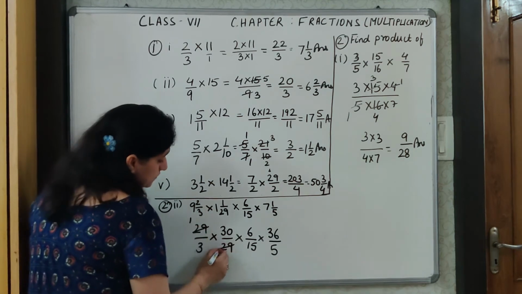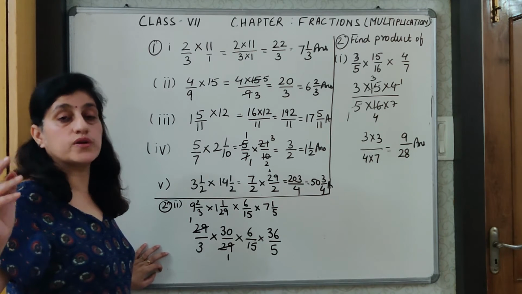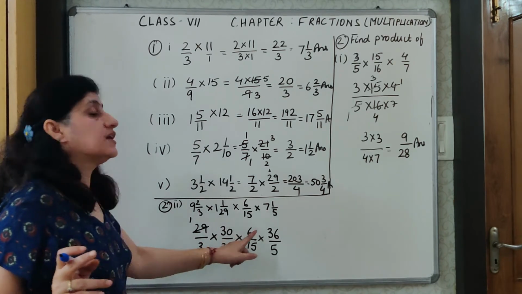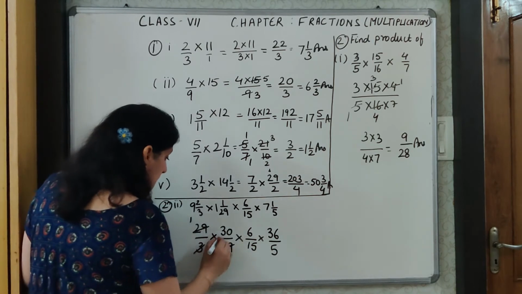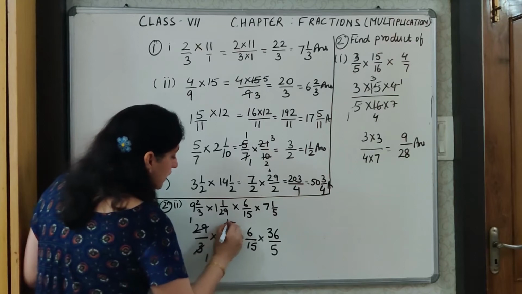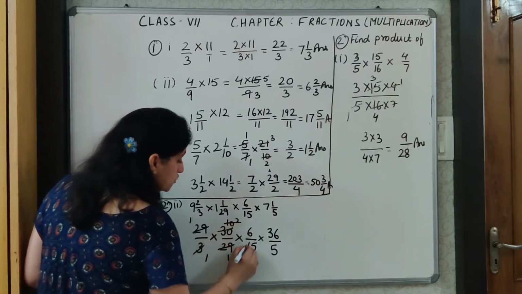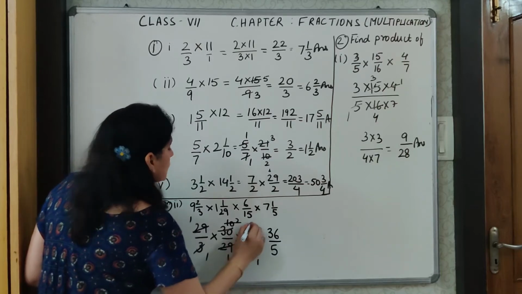29 ones are 29, 29 ones are 29. One thing to be kept in mind, numerator can be cut with any denominator with multiplication sign. Alright. So next 3 ones are 3, 3 tens are 30. Here with the table of 5 I get 2 and I get 3 here. 3 ones are 3, 3 twos are 6.